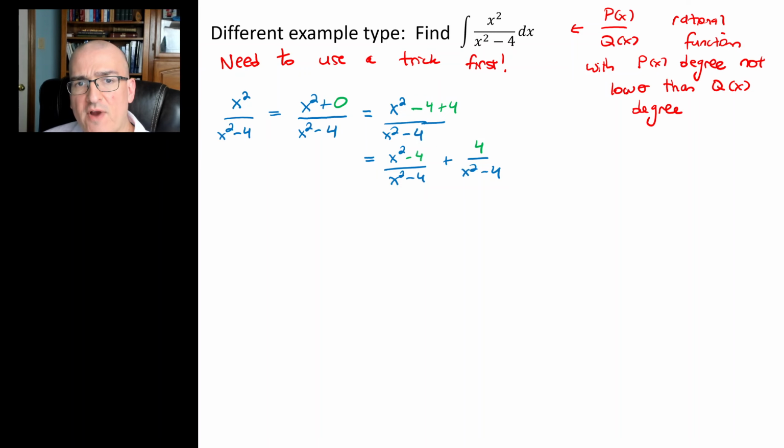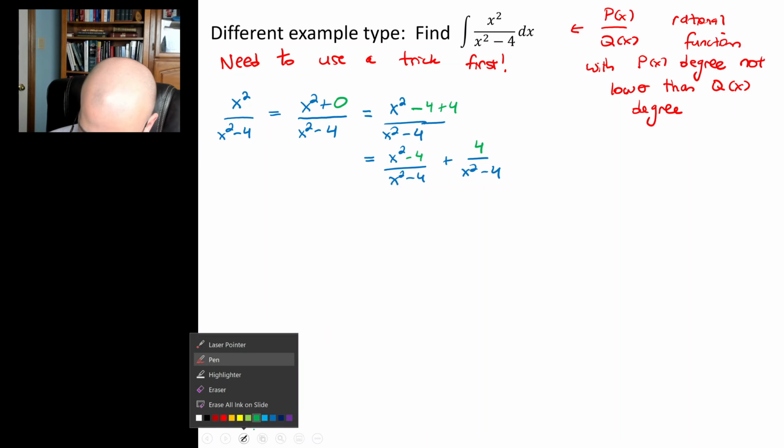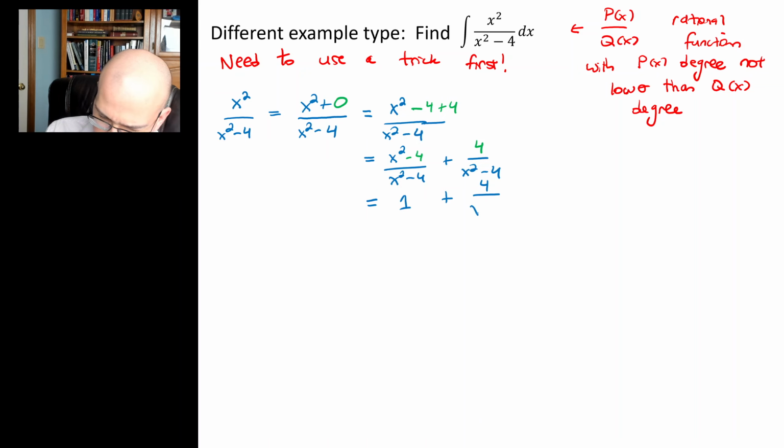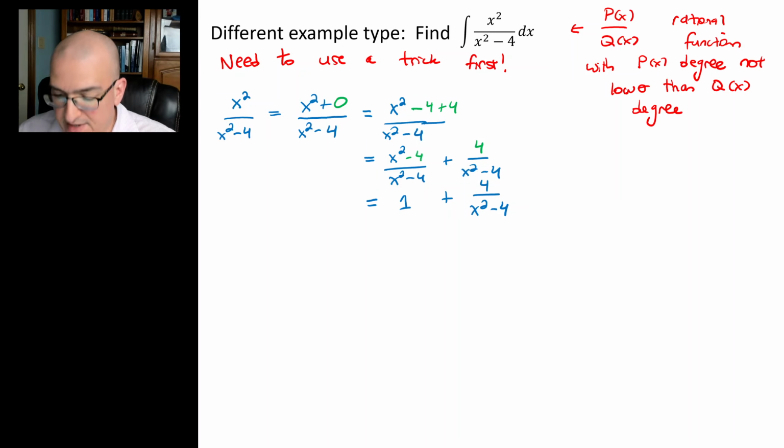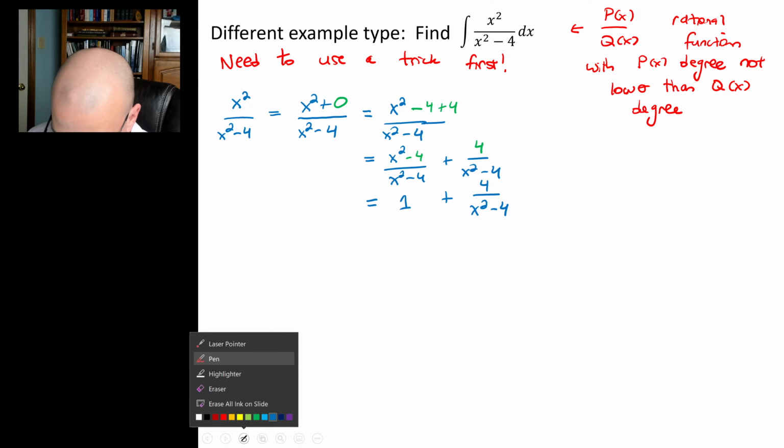Look at that first fraction, x squared minus 4 over x squared minus 4. That's just 1. So there's a 1 there. Now we can decompose that second term.